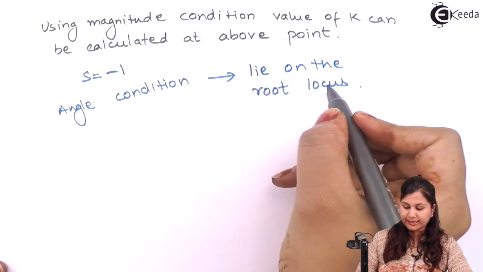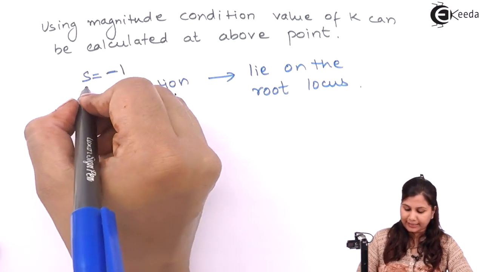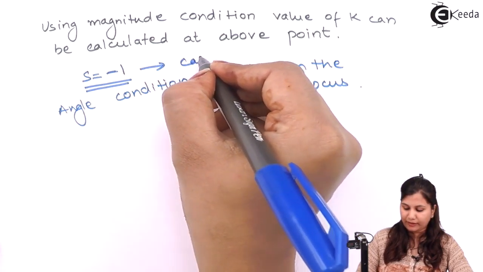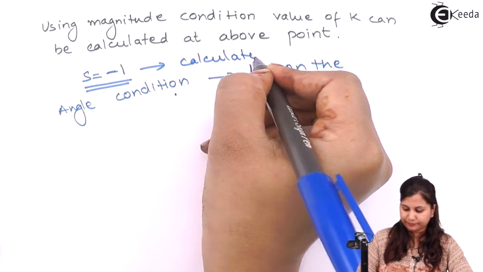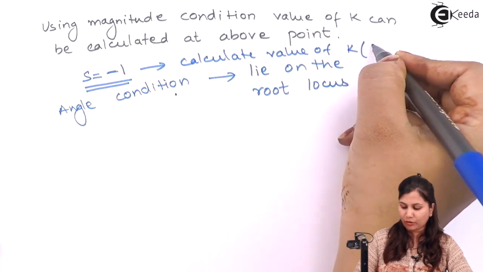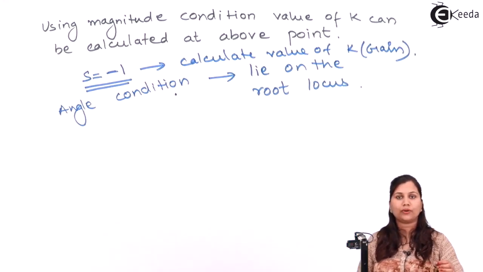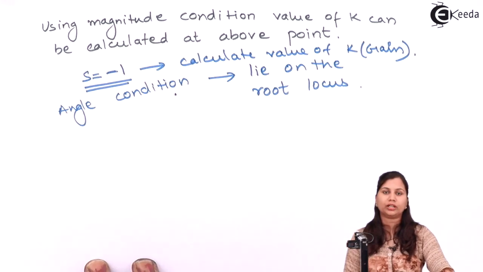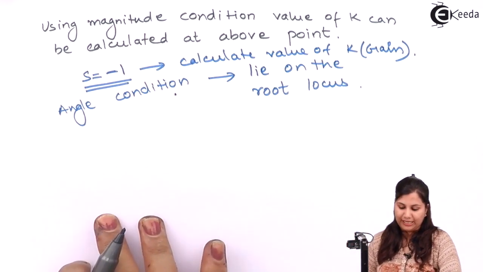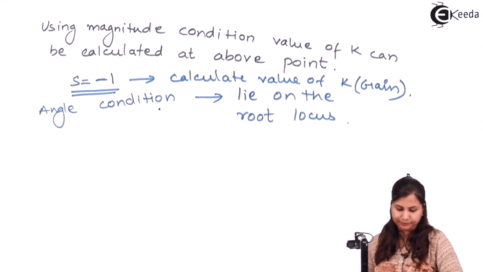And if it is lying on the root locus satisfying the angle condition, then at this point s equals minus 1, we can calculate the value of k. K is what? The gain of the system. So this is the use of the angle and the magnitude conditions while plotting the root locus of a system. Let's take an example so that you can clearly understand this.